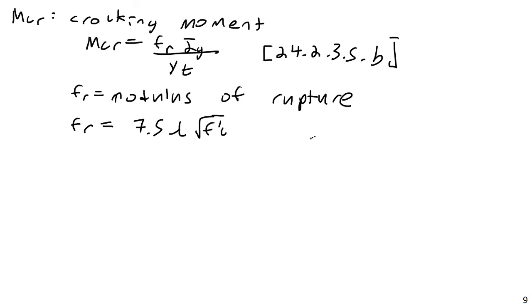where again f'c is your concrete compressive strength, and this is formula 19.2.3.1. And then if I go to that formula, we can find lambda, and lambda is a modification factor for lightweight concrete.